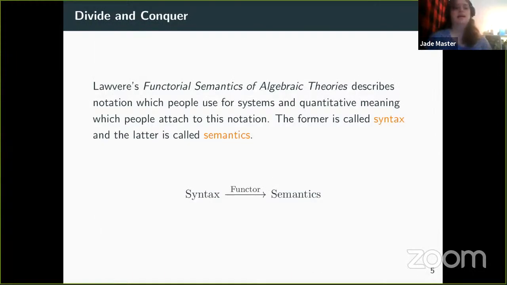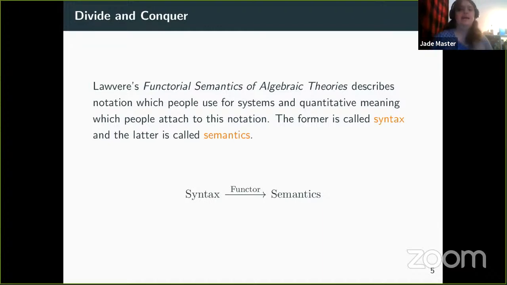And the approach to trying to understand and analyze these systems that applied category theory has taken, and also John and the students and our collaborators, is to think about it in terms of syntax and semantics, which is terminology borrowed from Lawvere.